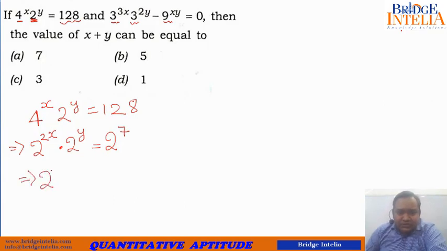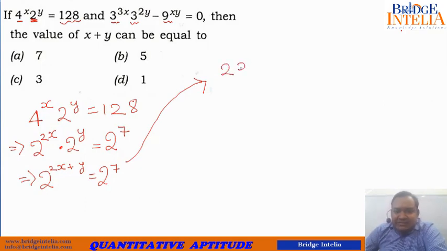So 2 raised to power 2x plus y is equal to 2 raised to power 7. From here you can safely conclude that x and y are such real numbers that 2x plus y must be equal to 7. This is the conclusion derived from the first equation.